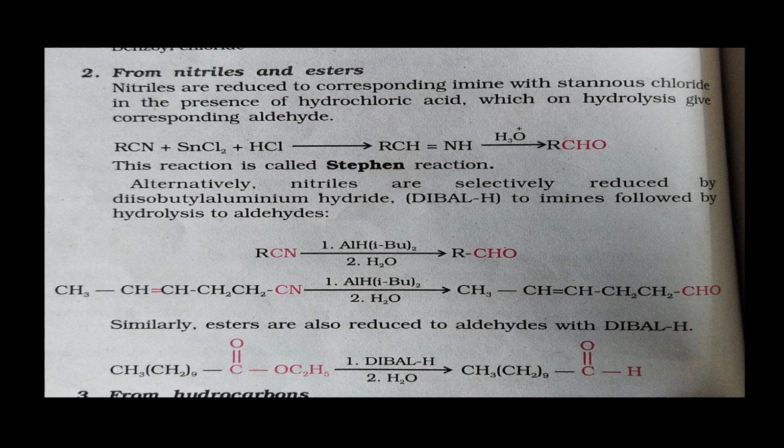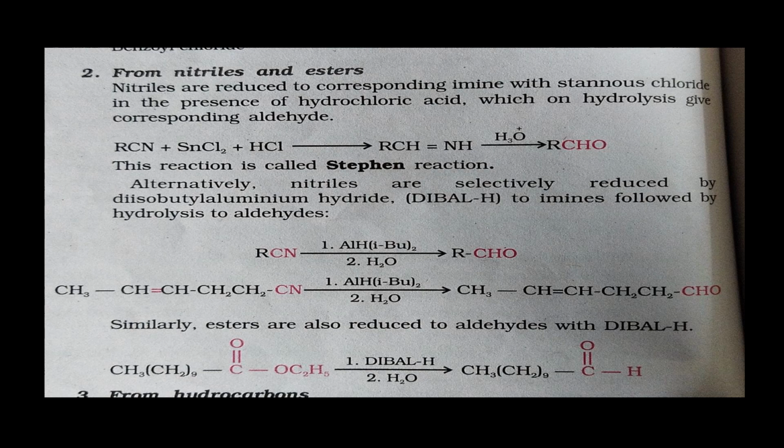CH3CH=CHCH2CH2CN in the presence of AlH(iBu)2 and H2O gives CH3CH=CHCH2CH2CHO.